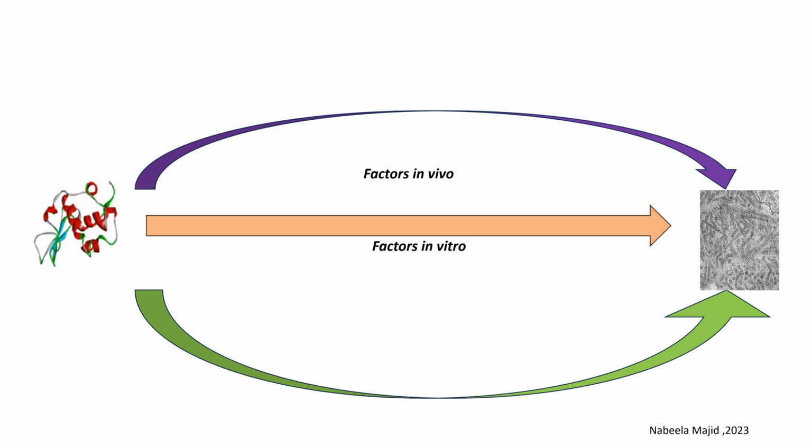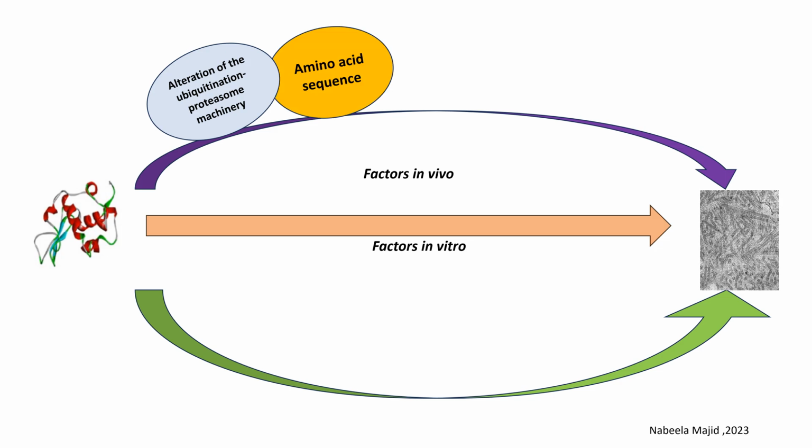The first one, in vivo, ubiquitination normally marks misfolded proteins for degradation by the proteasome. Dysfunction of this pathway leads to accumulation of abnormal proteins, favoring their aggregation into amyloid. Then amino acid sequence, then impaired autophagy.